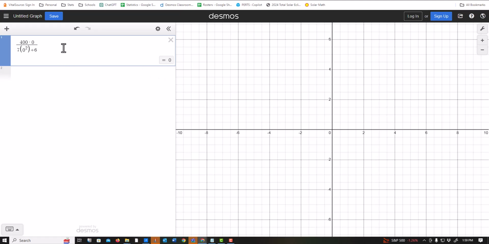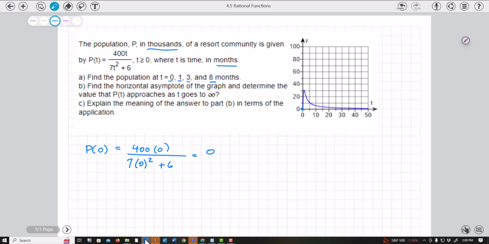The reason I do it in here, and the same with your calculator, is that I can change this to 1, but you have to be careful because it says this is in thousands, so you're going to want to multiply this by 1,000.